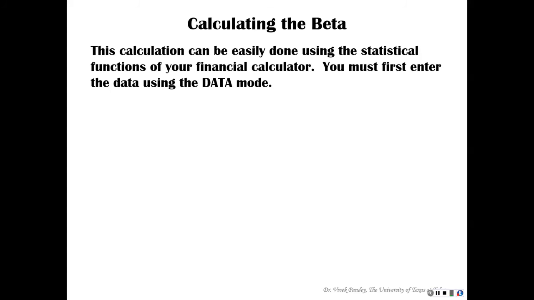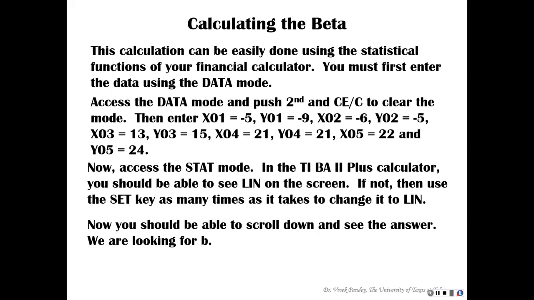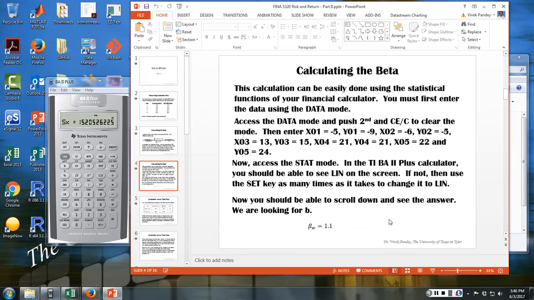But what we're doing is calculating the slope, and we're using our calculator to get that answer. And here's how it is done. Once again, we're going to be using the data mode in the calculator, right? But now we have two sets of data, so we'll put something for x and something for y. So let's do second and 7 to get back to data mode.